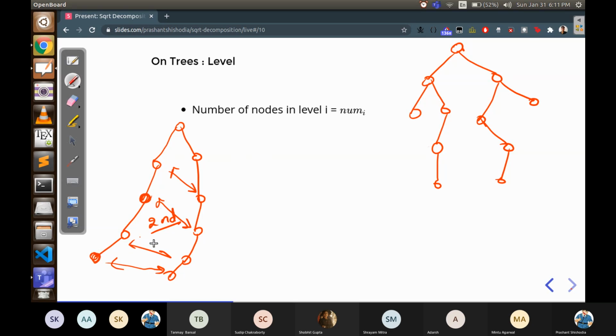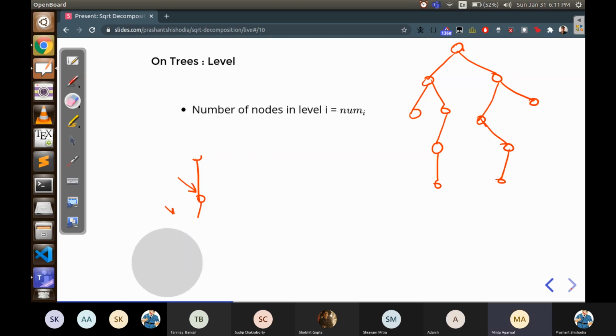So there is no way to know which index to multiply it with, right? So you cannot really use LCA here. We can store the sum, but we cannot correspondingly multiply the corresponding term, right?